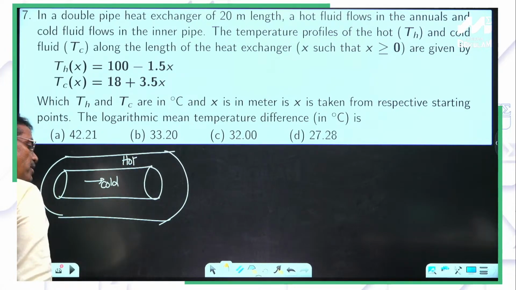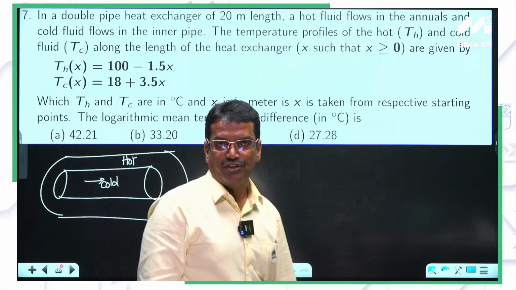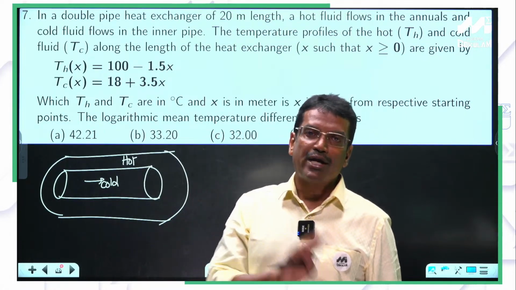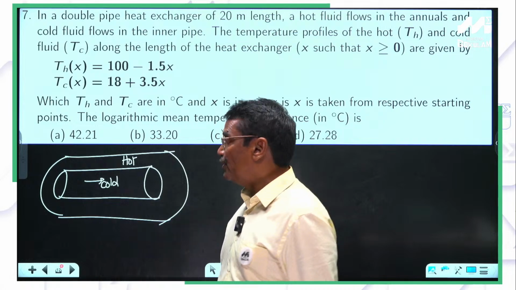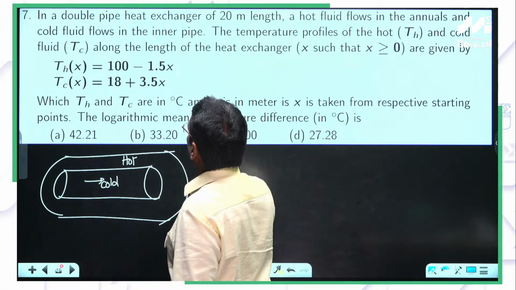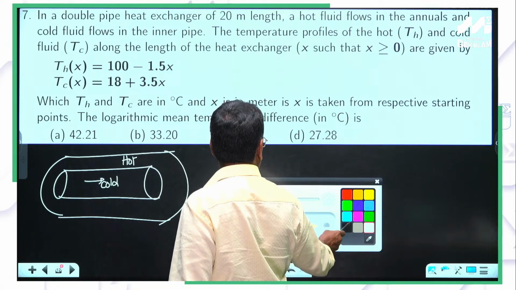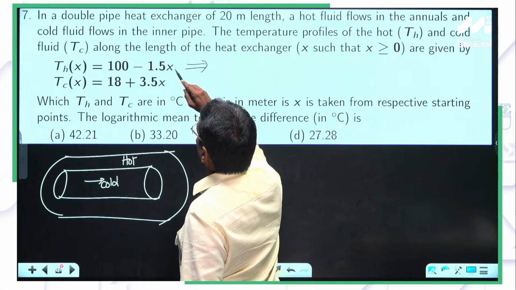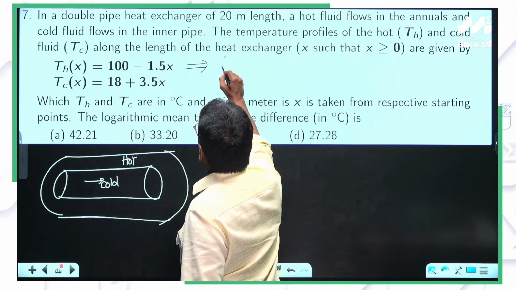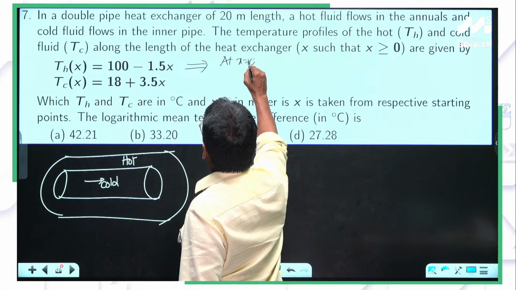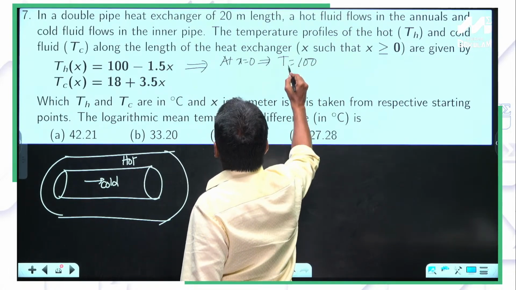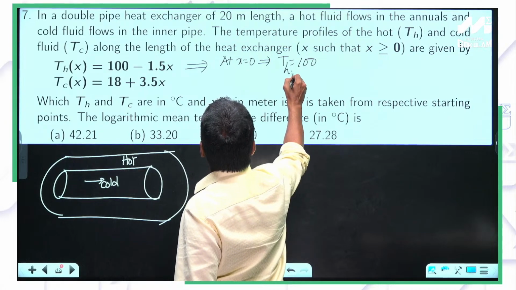He has not mentioned what kind of heat exchanger it is, because heat exchangers could be of three types: parallel flow, counter flow and cross flow. First let me check what kind it is. For the hot fluid, at x equal to 0, the temperature will be 100, that is Thi.